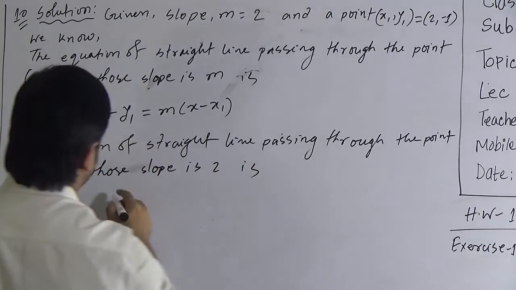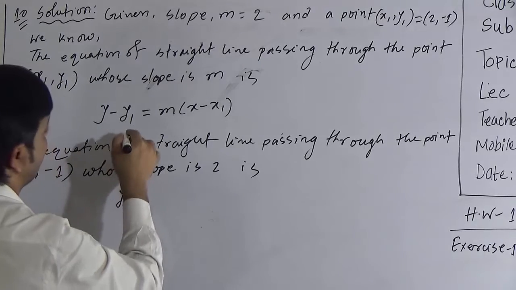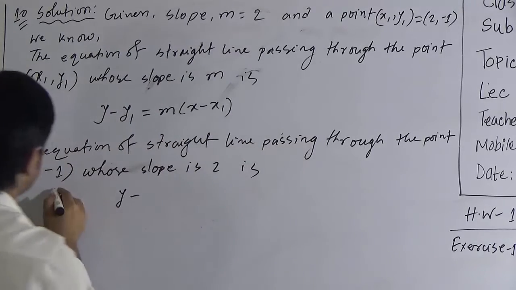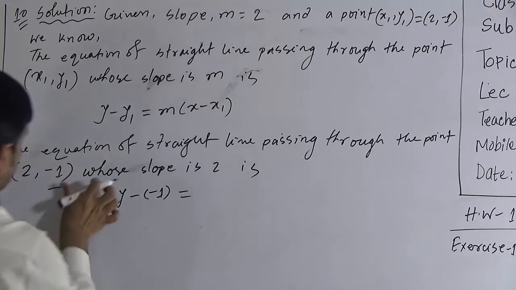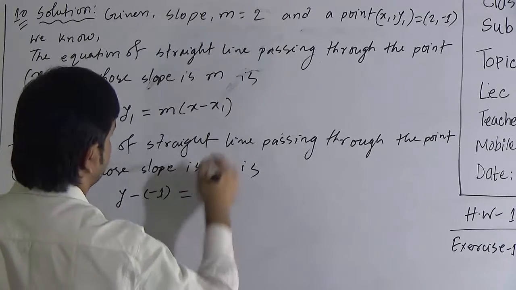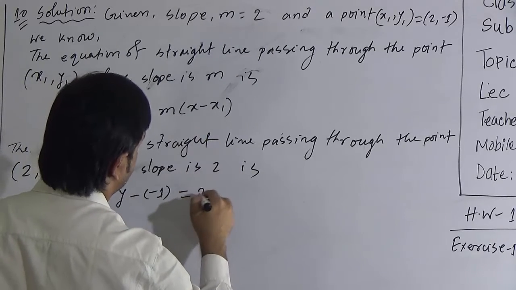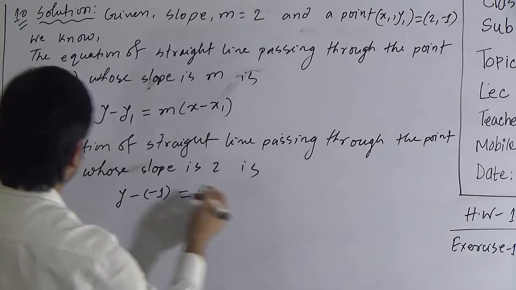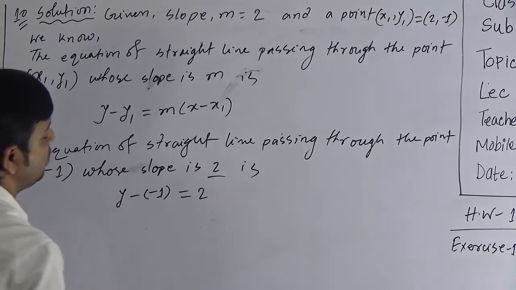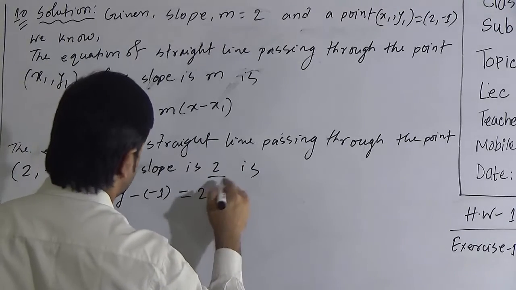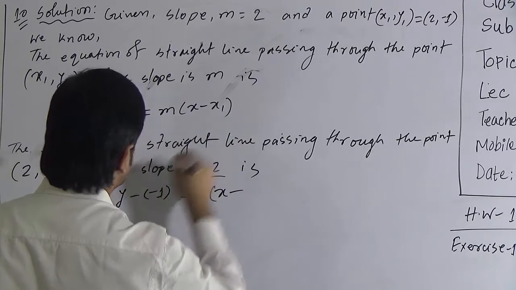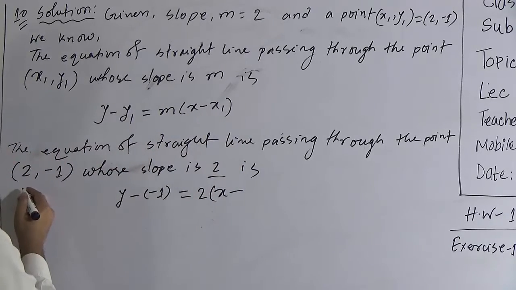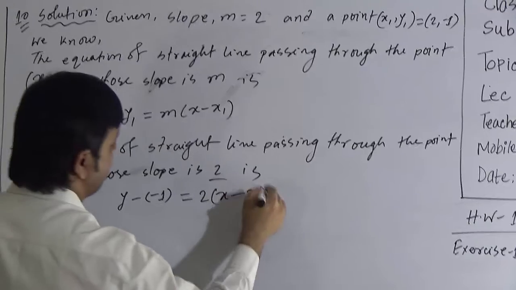So we can write here y minus y1, y1 here means minus 1, so we can write here minus 1, that is equal to m into, m is 2 here, we have written 2, and x minus x1. x1 is here 2. So we can write here 2.